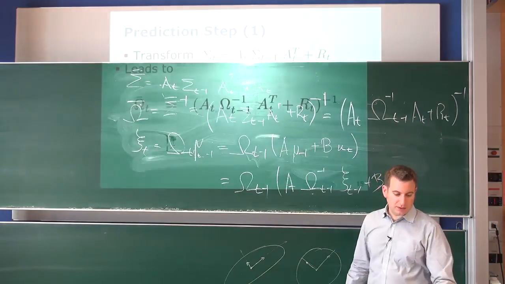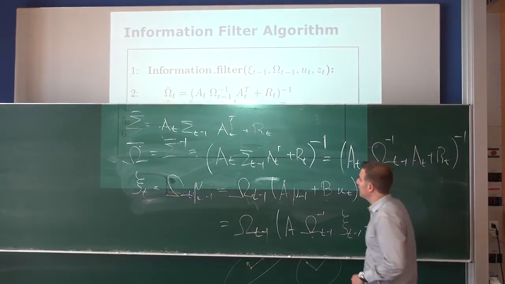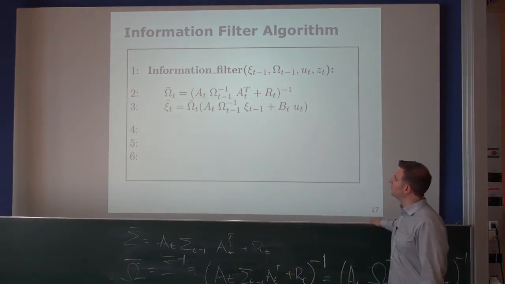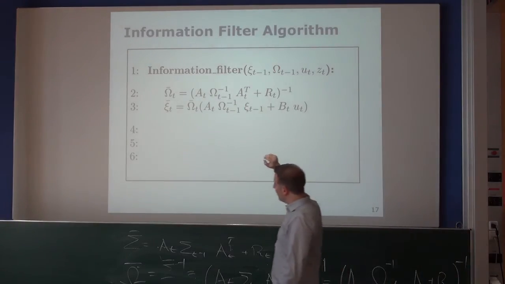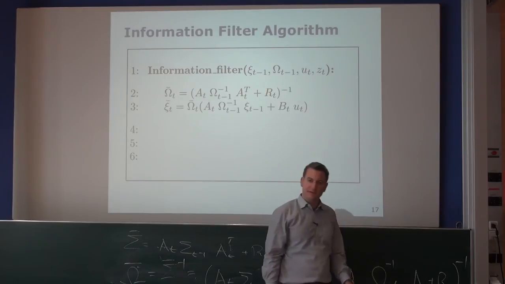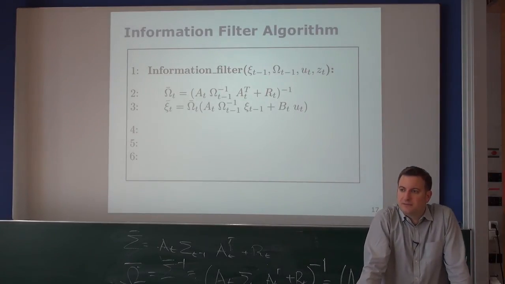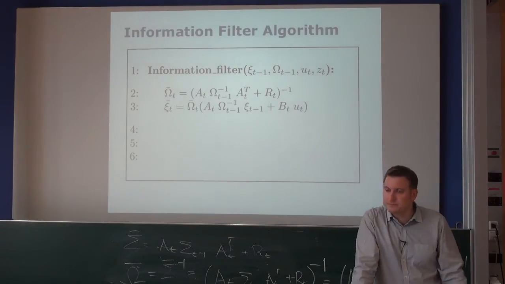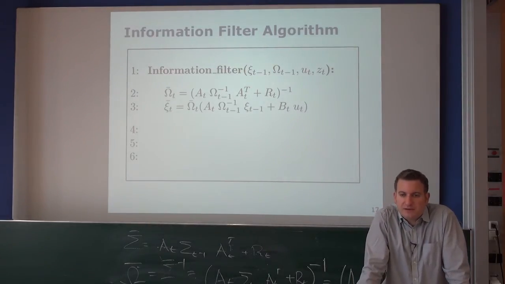So how does this change? Okay, we can actually just write down the first two lines of the information filter algorithm. How does this compare to the Kalman filter? What we have done here. What was the computational complexity of the prediction step of the Kalman filter?